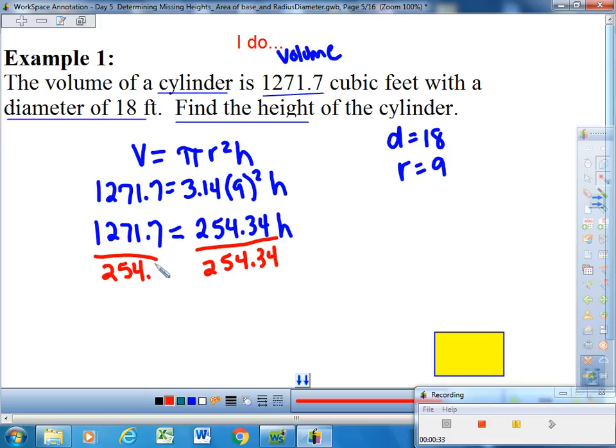So put into your calculator 1,271.7 divided by 254.34. You should get 5. So your height equals 5, and what's the unit? Feet. So 5 feet. There's your answer.